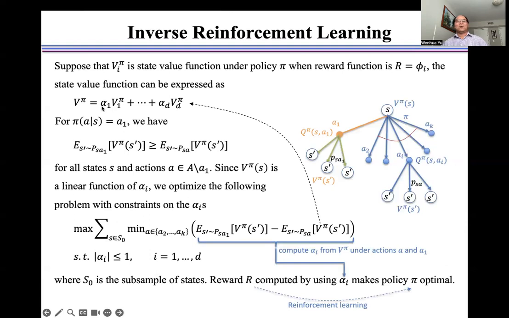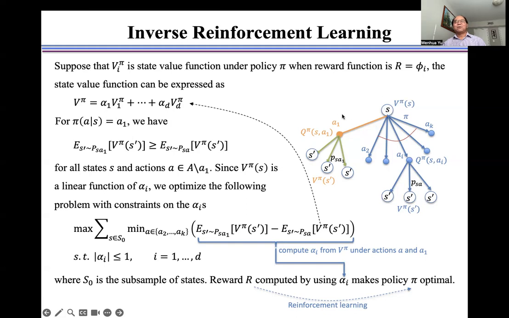Then we combine the real reward R and the state value function V. For the optimal policy A1, according to the definition of the optimal policy, we have this relation, because here we have an agent at the state S.